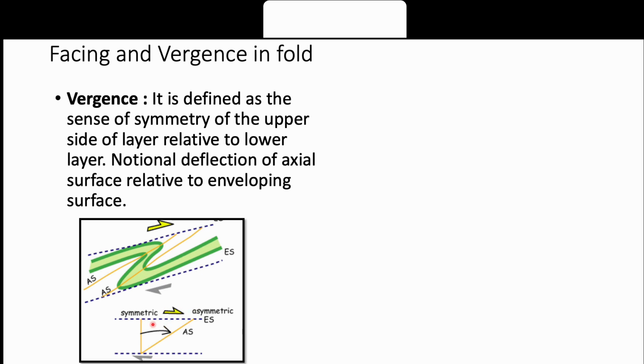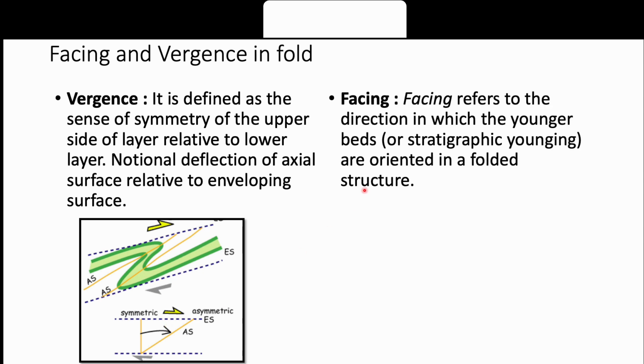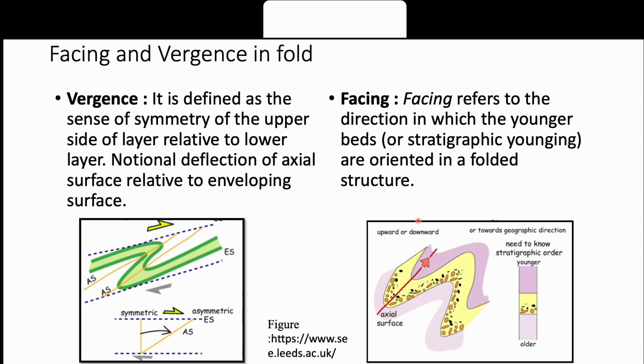This is known as vergence. And facing refers to the direction in which the younger beds lie, the stratigraphic younging orientation of the fold. As shown in the figure, we have a fold and the younging direction; the facing is always directed toward the younging direction of the fold.